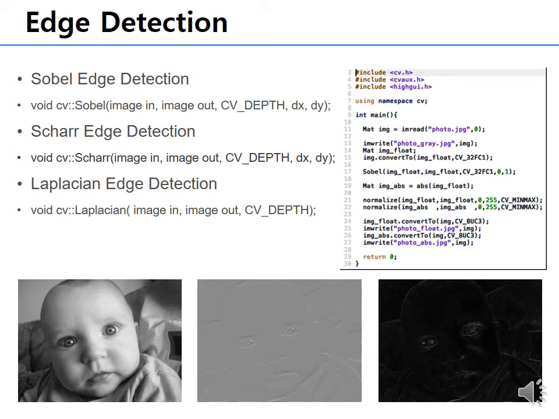This slide explains edge detection. There are Sobel edge detection, Scharr edge detection, and Laplacian edge detection. Sobel and Scharr are first degree derivative edge detectors.